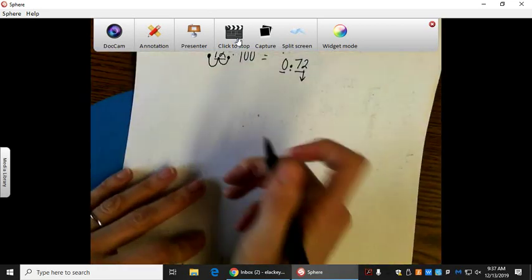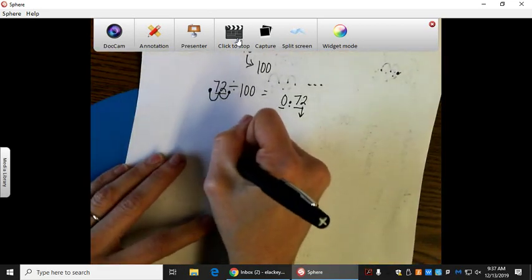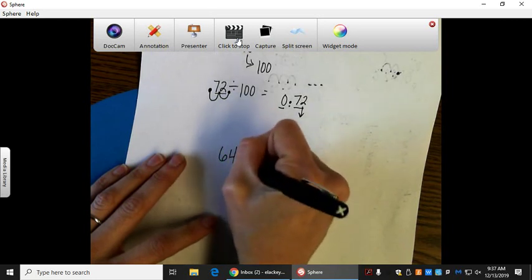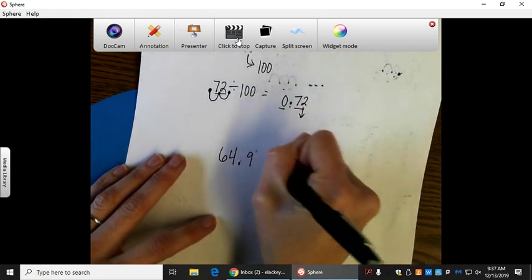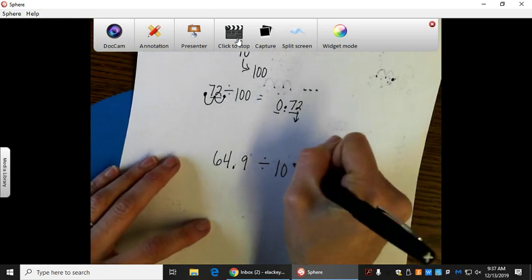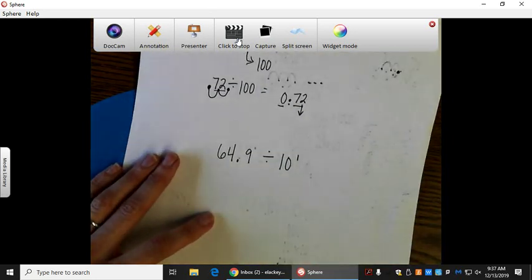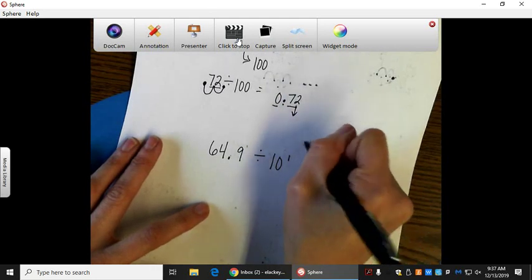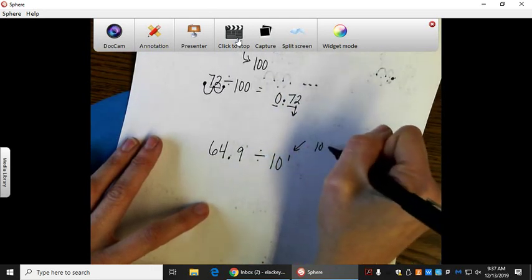Look at another example. How about 64 and 9/10 divided by 10 to the first power. 10 to the first power is just 10. That's it.